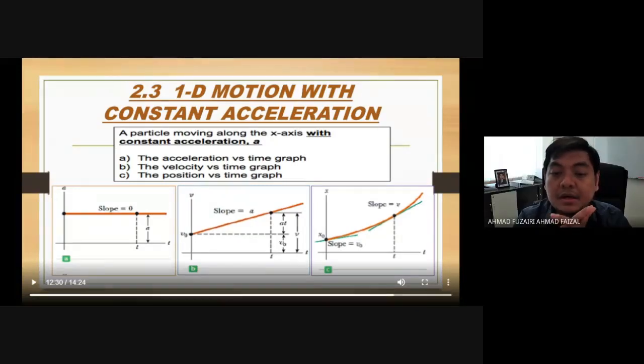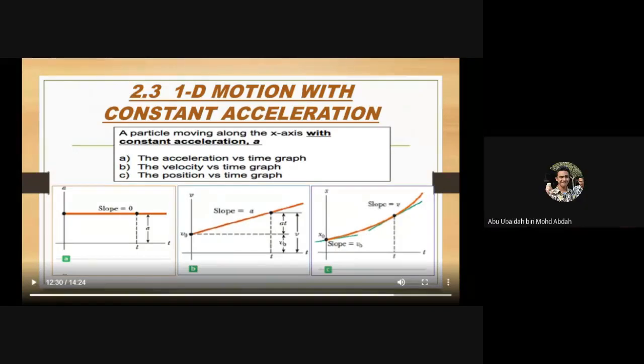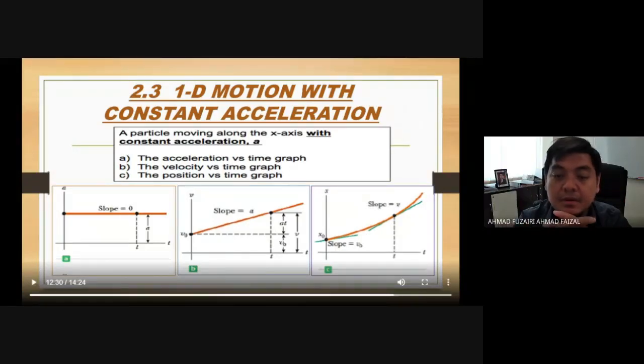V versus T kan? Hello? Okay. Hello sir. Okay, apa yang saya faham pasal soalan Abu? Okay, untuk V versus T graph am I right?